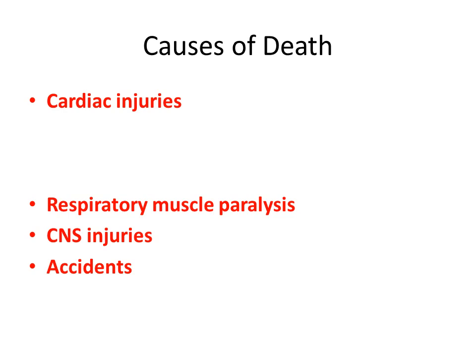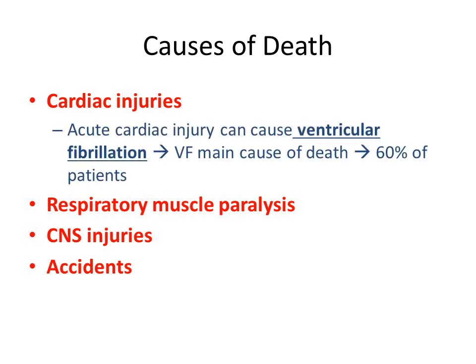This is the second hypothesis. Respiratory muscle paralysis also occurs because of the same reason, mostly due to denaturation of the protein. The CNS injury is again due to denaturation. So these are mostly the causes of death in case of electrical injuries.